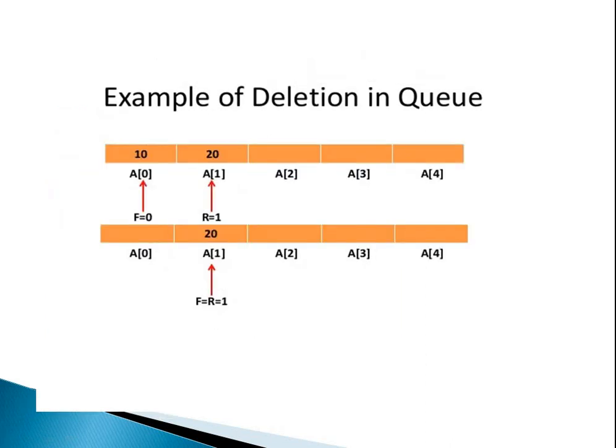As we have seen in the first case, front equal to 0 and rear equal to 1. That means there is no element in the queue. Another scenario, if front equal to rear equal to 1 at the same position, in that case the deletion is not possible in both cases.